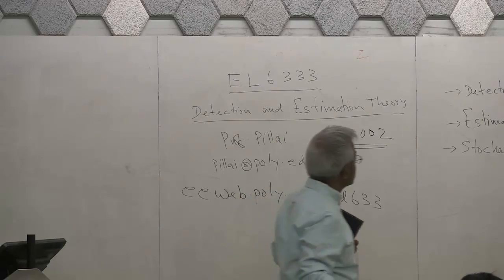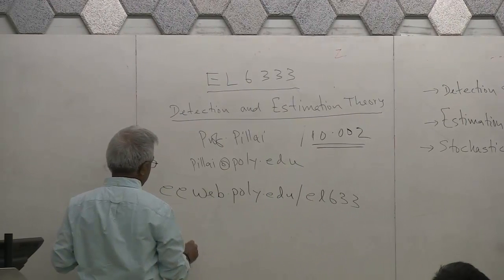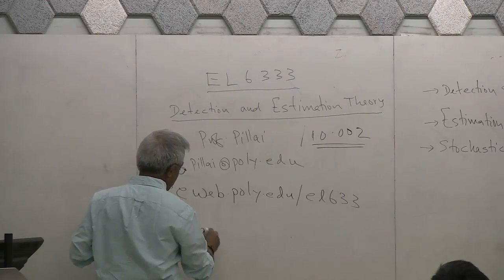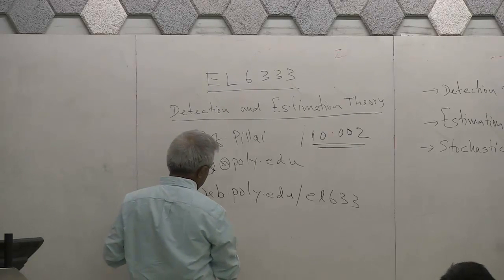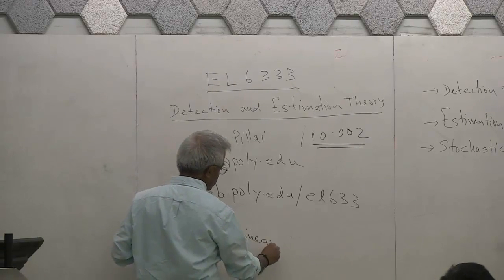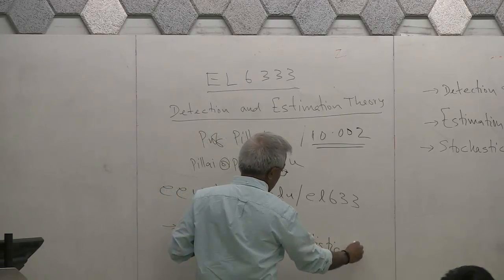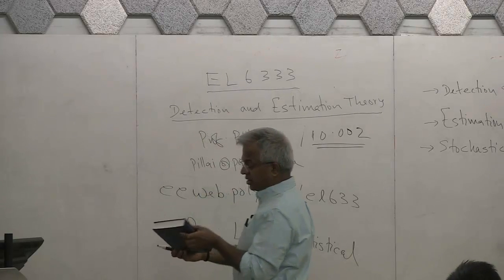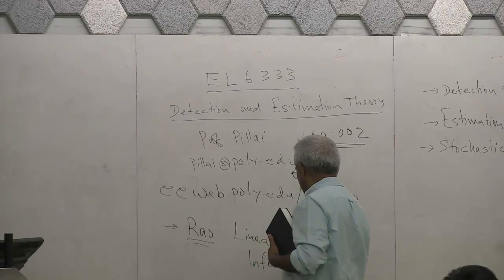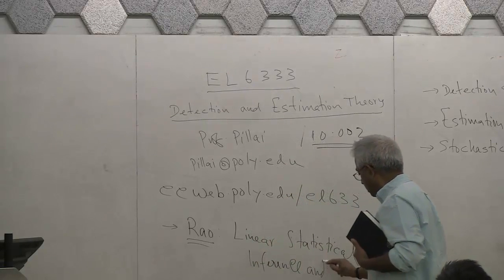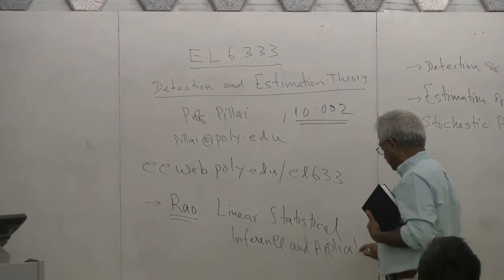All right, so let me put 2 more books here. In fact, we will do two theorems by Professor Rao. Again, like Van Trees, this is a very classic textbook, by John Wiley, Linear Statistical Inference and its Applications.